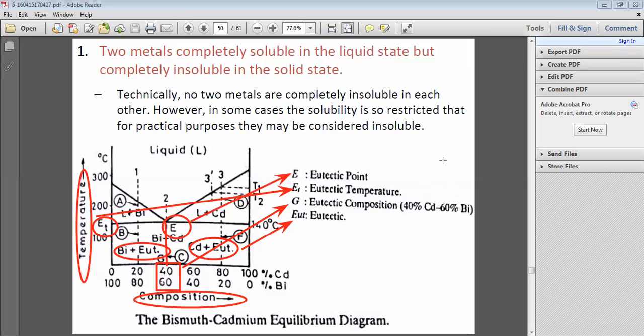And this all over is your bismuth cadmium equilibrium diagram for this case.